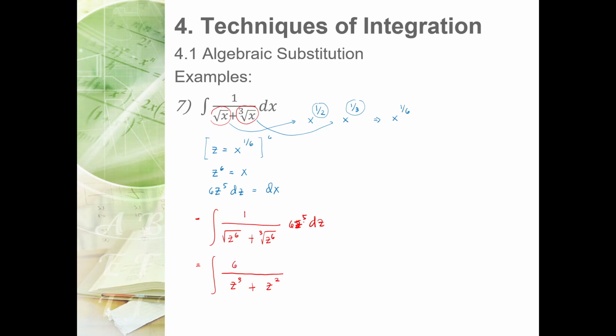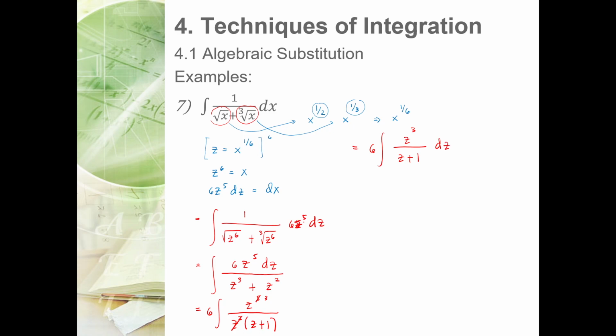The numerator is 6z to the power of 5 dz. We can simplify the denominator by factoring out z squared, leaving z plus 1. So z to the power of 5 over z squared becomes z cubed. What remains is 6 integral of z cubed all over z plus 1 dz.